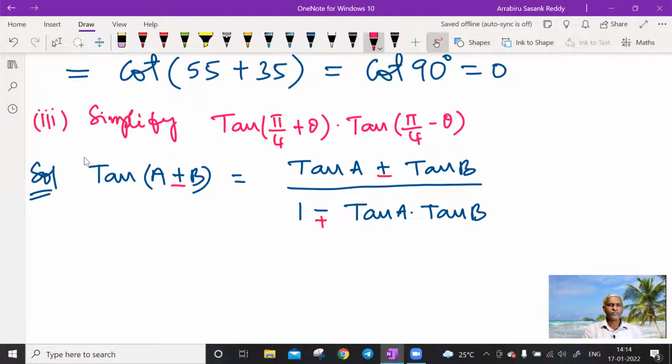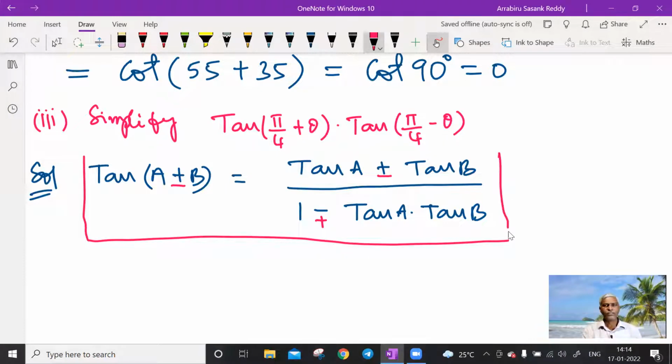So this is the formula for tan(A plus B) or tan(A minus B).